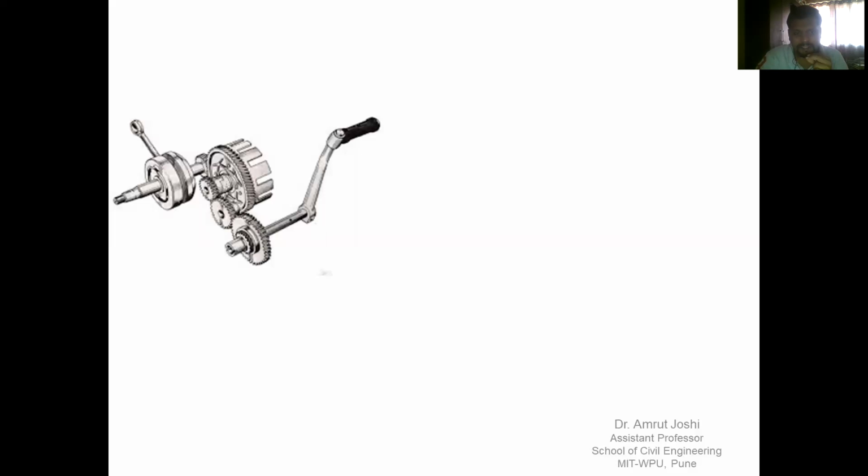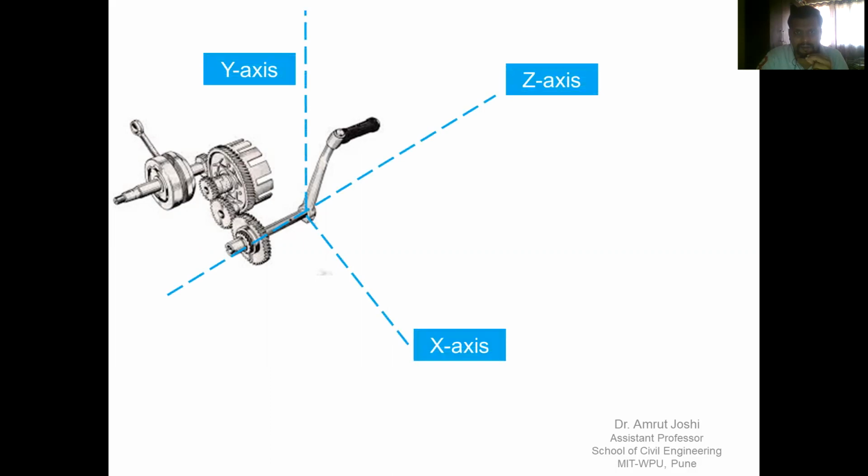Let us consider the example of a two-wheeler vehicle's kick. Let us consider the Cartesian coordinate system as shown. This is the x-axis, y-axis and z-axis.